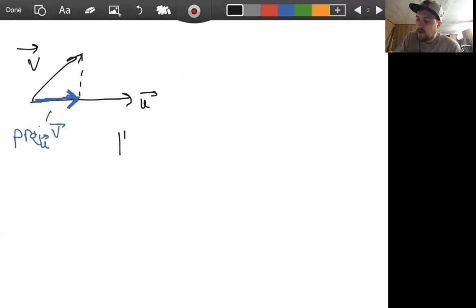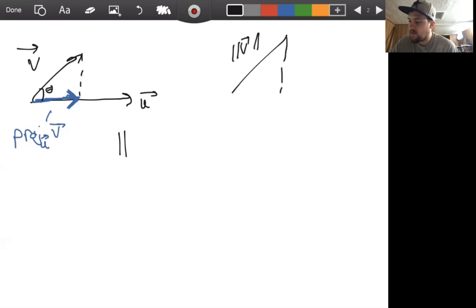Now we can calculate this thing's magnitude, right? With this interior angle theta, we can form a right triangle where the hypotenuse has length magnitude of v. There's some height y that we don't care about for the time being, and then this x distance here.